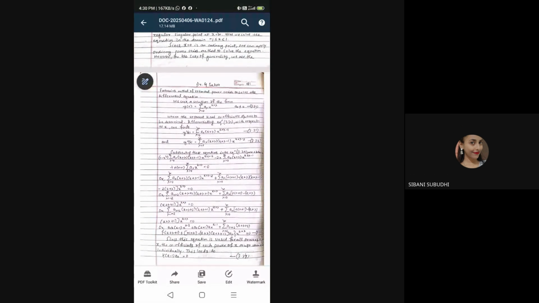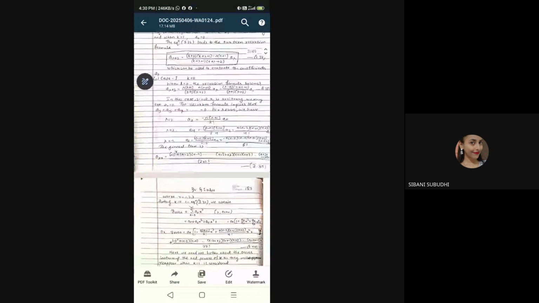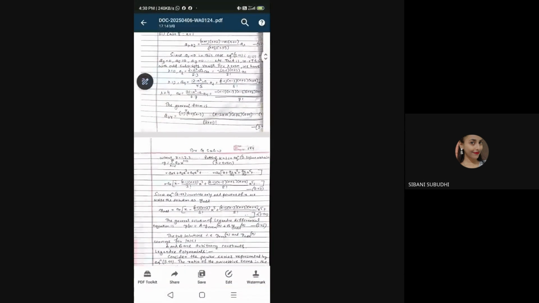Then by putting it in the equation, you have the indicial equation and you have the recurrence relation. From the indicial equation, you know the roots, that is the value of k, and for Legendre differential equation k is either 0 or 1, and by putting it in the recursion relation you have the solution.